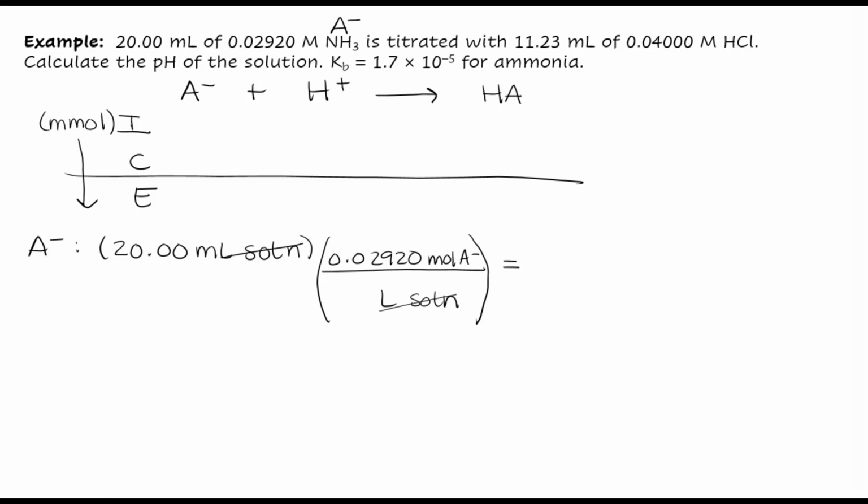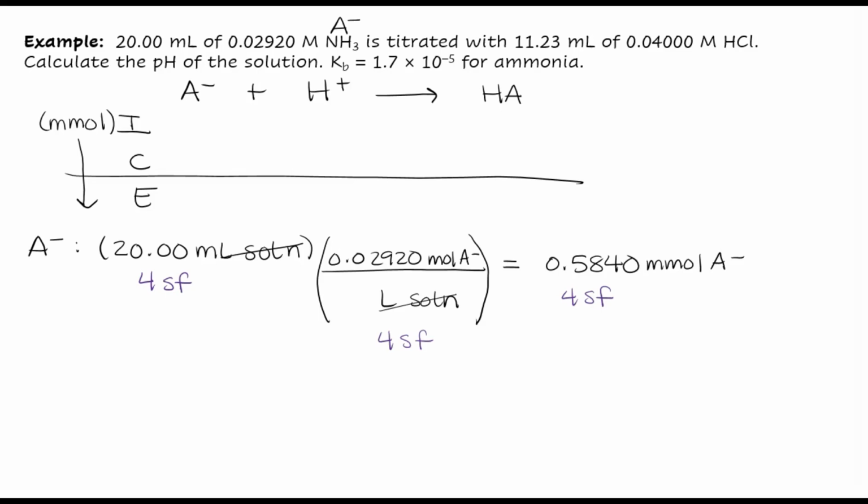Taking a look at our sig figs, we have 4 sig figs in our volume, 4 sig figs in our molarity, so our millimoles will be rounded to 4 sig figs. Doing the calculation, 20.00 times 0.02920 rounded to 4 sig figs gives us 0.5840 millimoles of A-.